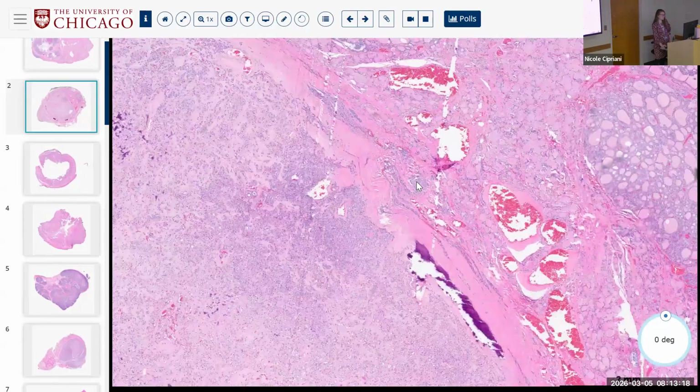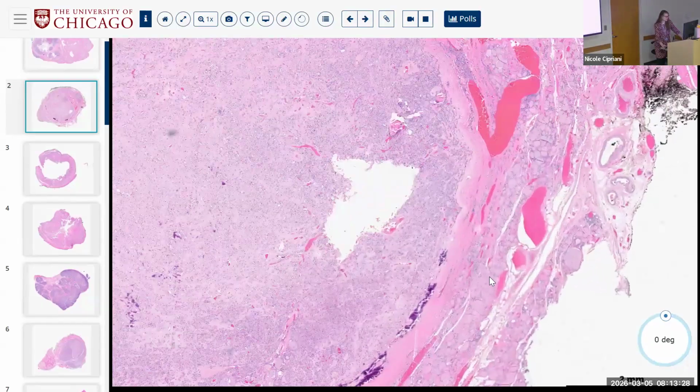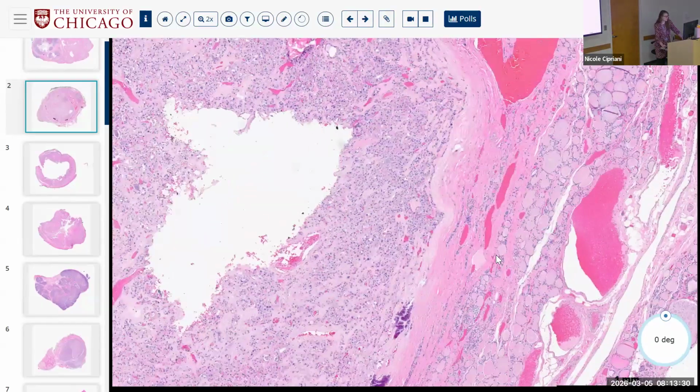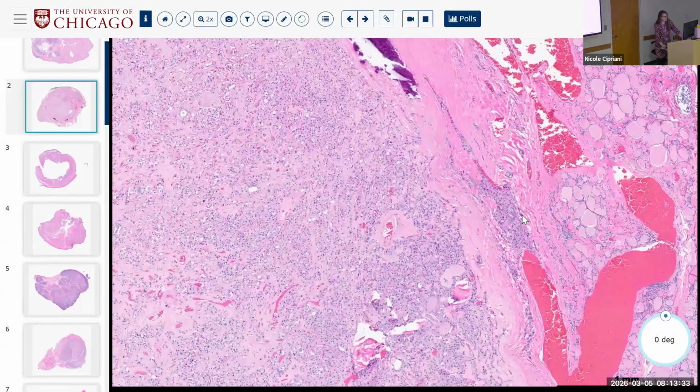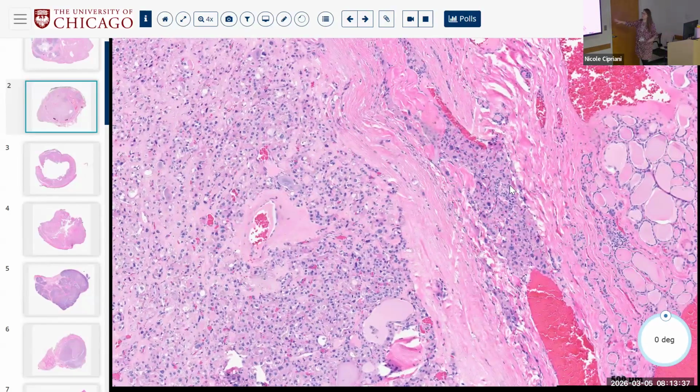Okay, excellent. Right, so now you have something somewhat more subtle, but still something on the other side of the capsule. So maybe this isn't a low power diagnosis. Maybe this is a somewhat higher power diagnosis. In this case, you always have to look on both sides of the capsule and say, are these clusters of cells on the outside of the capsule essentially identical to the ones on the inside?